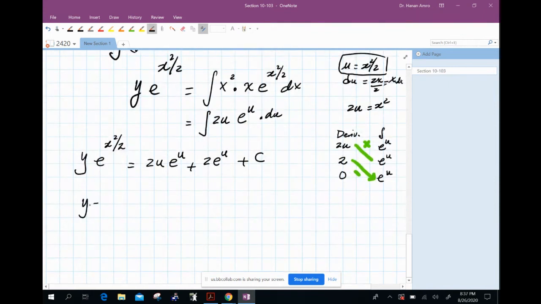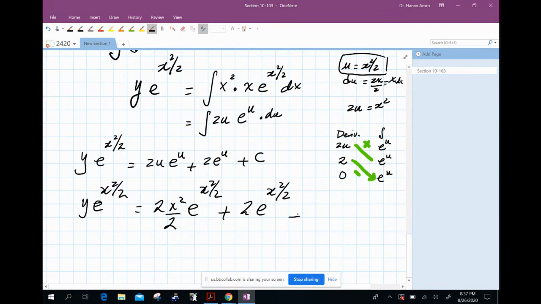So then y times e to the x squared over 2 is equal to x squared over 2 times e to the x squared over 2 plus 2e to the x squared over 2, and then you add the c.